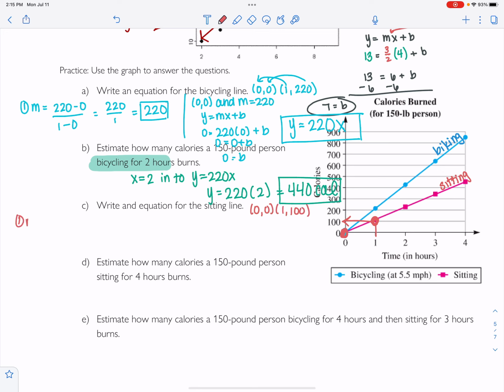I need to find m. So y2, 100 minus y1, 0 over x2 minus x1. And so I've got 100 over 1, or a slope of 100. Use a point, so I'm going to pick that same point 0, 0, and m equals 100 to fill in y equals mx plus b.